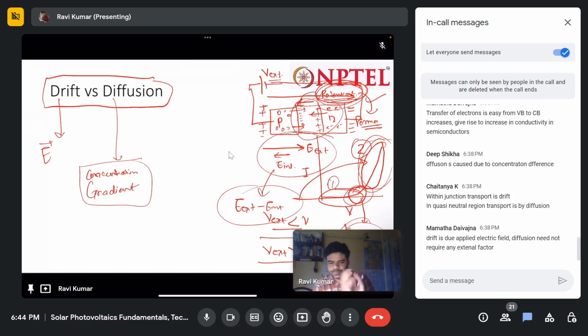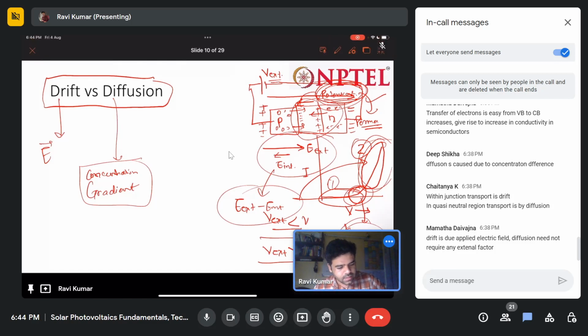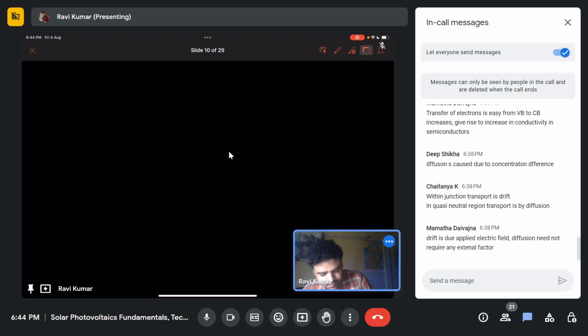It is because knee voltage and junction potential are both numerically the same. See, let me create this: if this is our semiconductor, P and N, and here we have V, the direction of this V is positive, positive, positive, negative, negative, negative, and here we have V external.